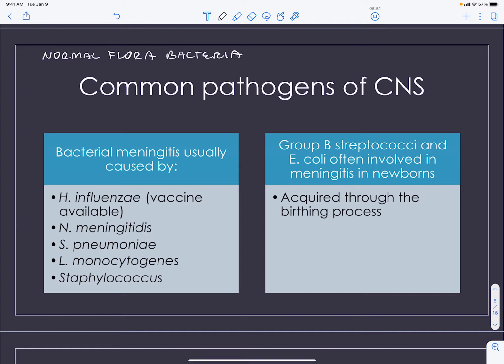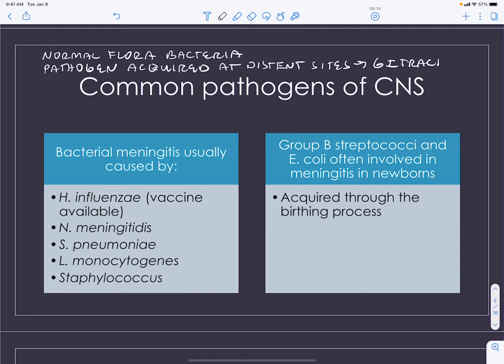They can be caused by pathogens acquired at different sites, such as the GI tract, or birthing, giving birth to a baby, or contamination of shunts.